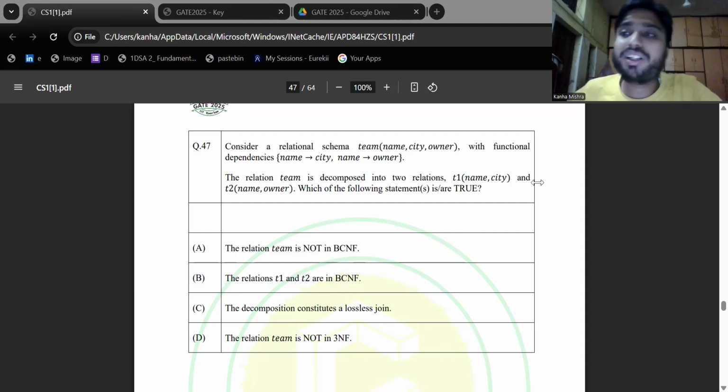Let's first understand what a relational schema is. A relational schema is a stable structure in our relational database. For example, as mentioned in the question, team has name, city, and owner.